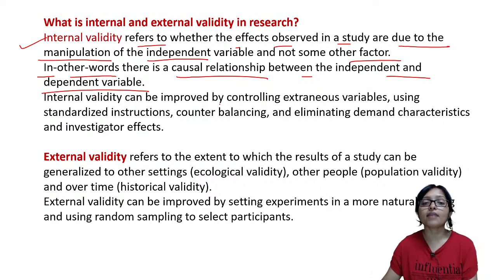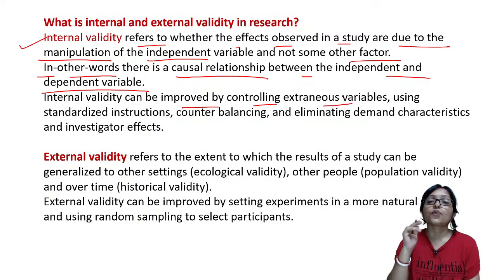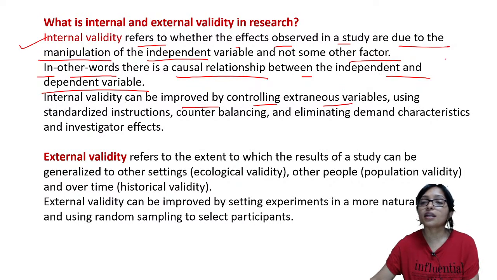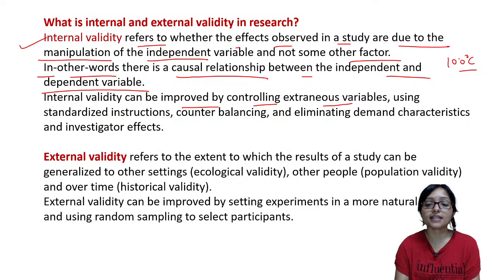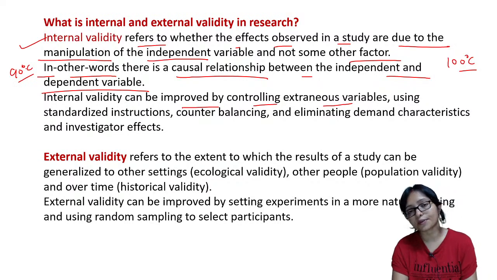Internal validity can be improved by controlling the extraneous variable, because when you are boiling water at 100 degrees centigrade, then only it will become water vapor. If you do not get the proper temperature, if it is 90 degrees centigrade, then you will not get vapor.